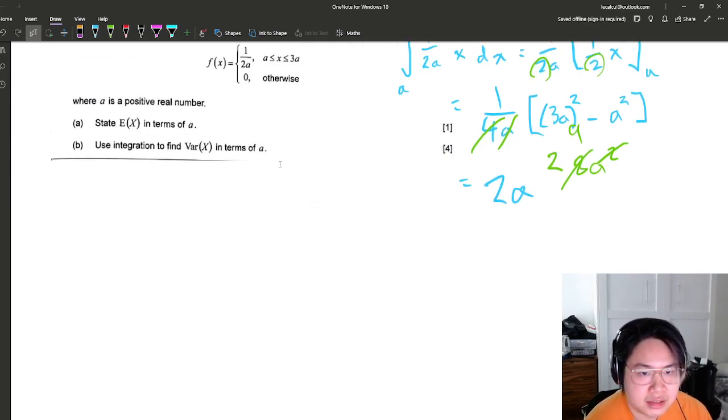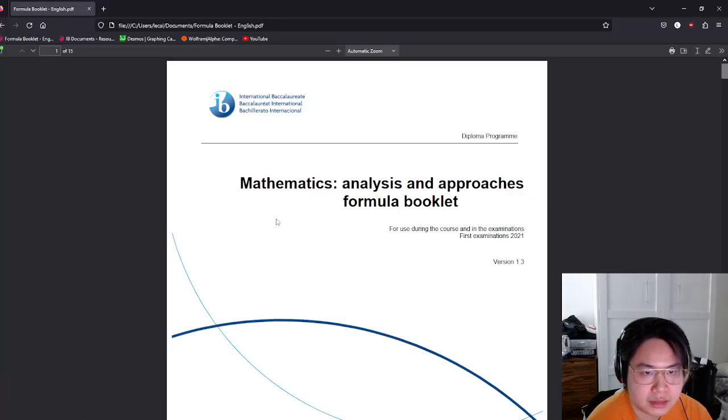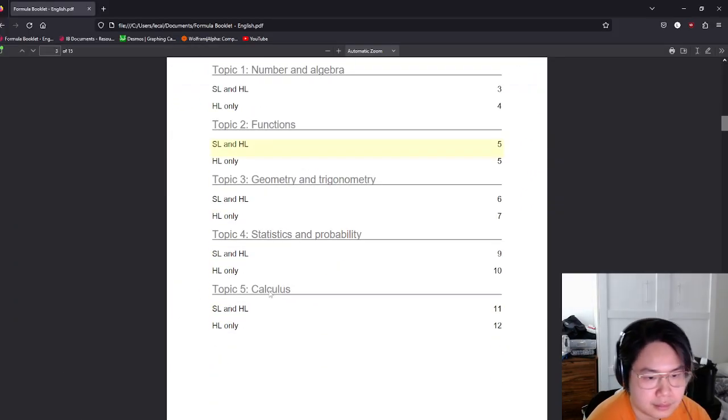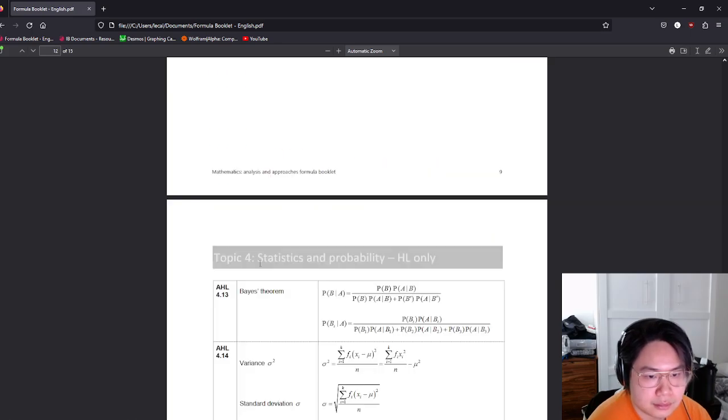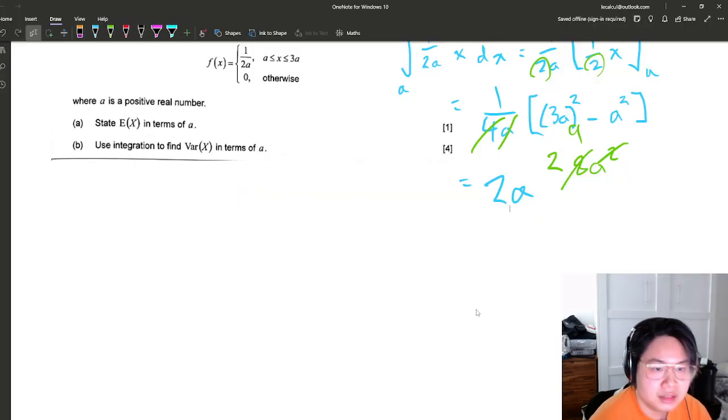Use integration to find the variance. Okay, now the formula booklet. Variance, this is the one with the integral. Okay, and then you have 2 options. We just found out the mean because the expected value is the mean, so I'm gonna, this one looks ugly, I'm gonna use this one because the mean is outside of the integral.